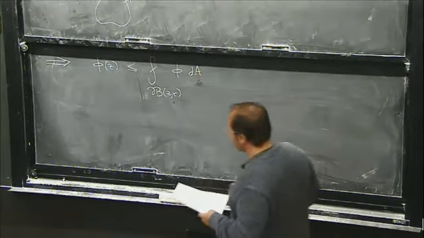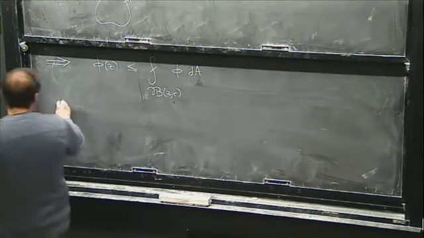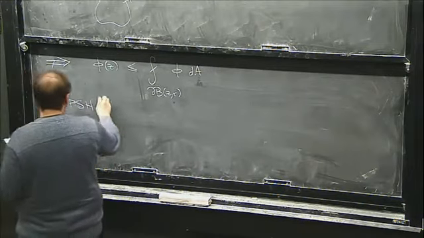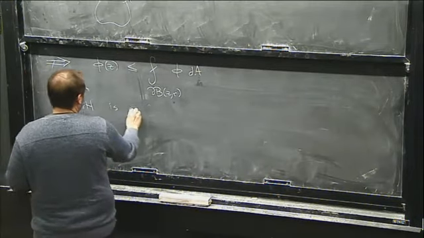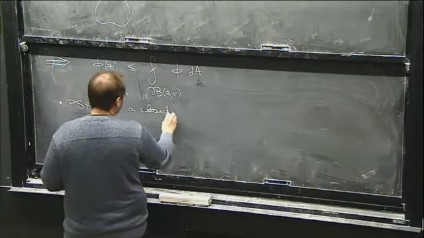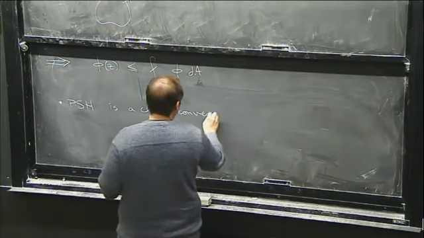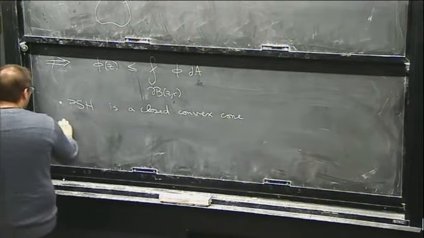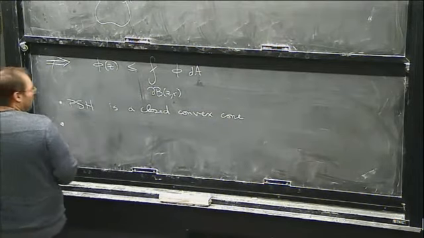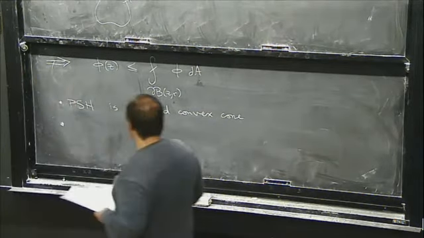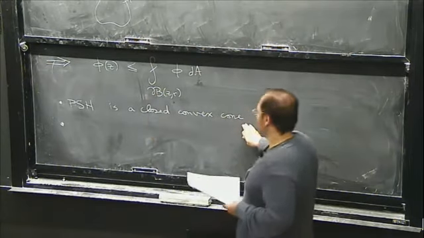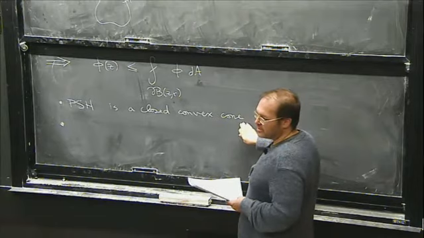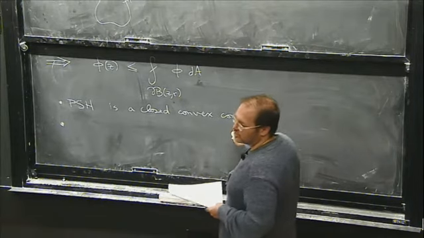So what we know about these PSH things is that this space of plurisubharmonic functions is a closed convex cone. That's obvious. For this statement, there's no topology needed. It's just in the space of functions as an additive space.